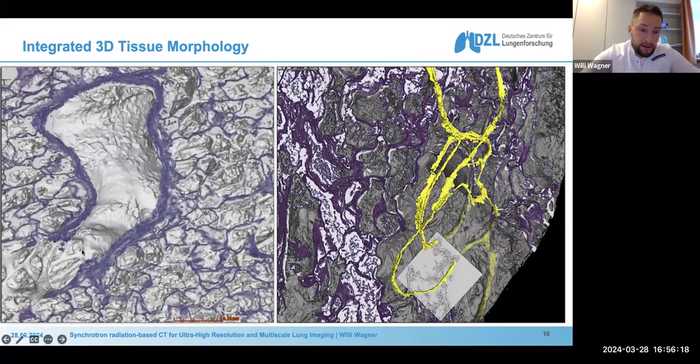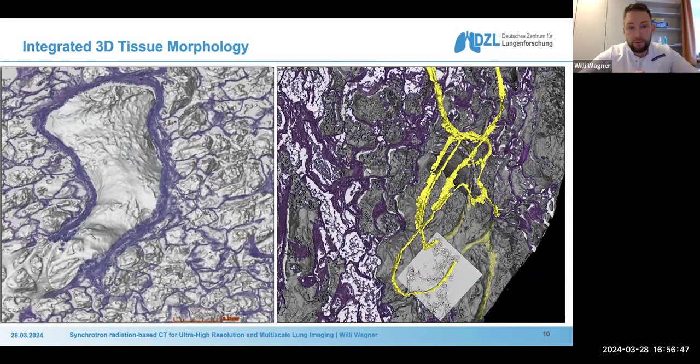Here you see the junction of a conducting airway into an alveolar duct. So the actual hallway where the alveoli to the left and to the right come off like rooms. And you can appreciate the 3-dimensional complexity of this unit only by looking at it in 3 dimensions.